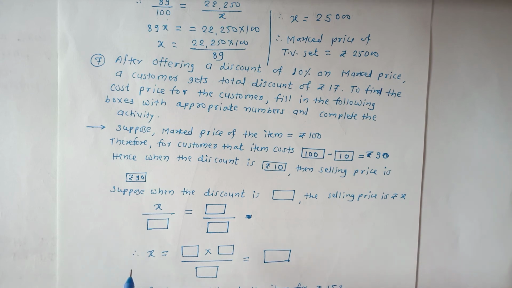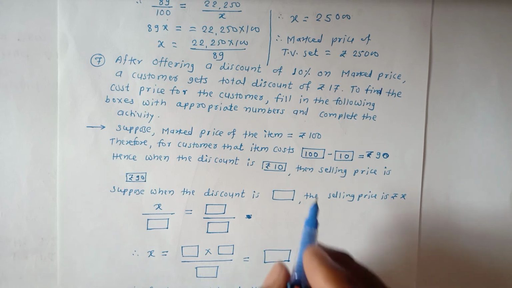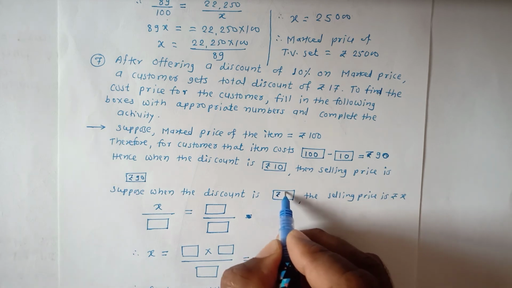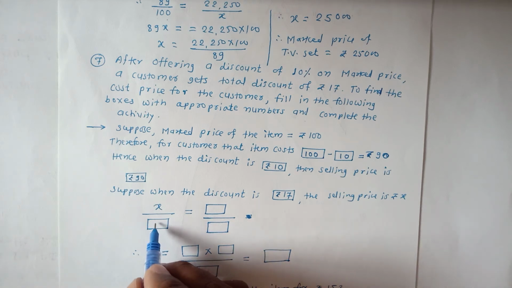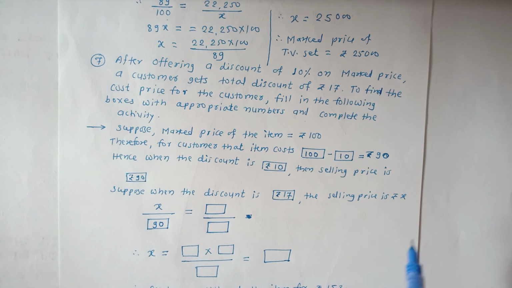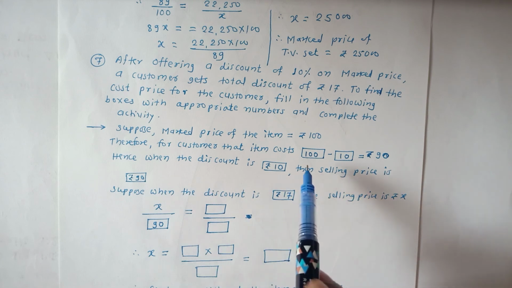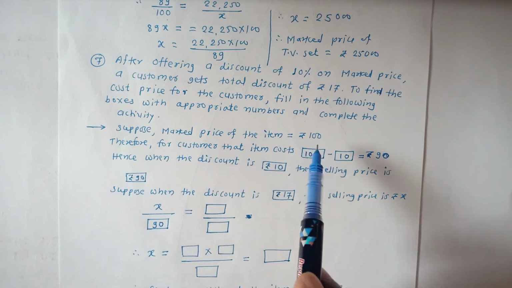Suppose when the discount is rupees 17, here discount is given rupees 17 and the selling price is rupees X. So X upon 90, what is selling price is X, and 90 is the selling price for the mark price 100.